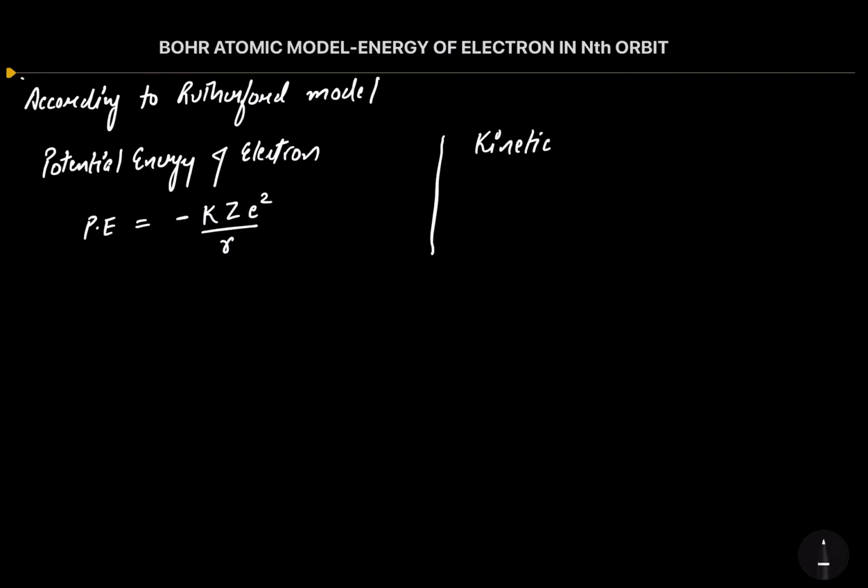So kinetic energy came out to be k z e square divided by 2r.